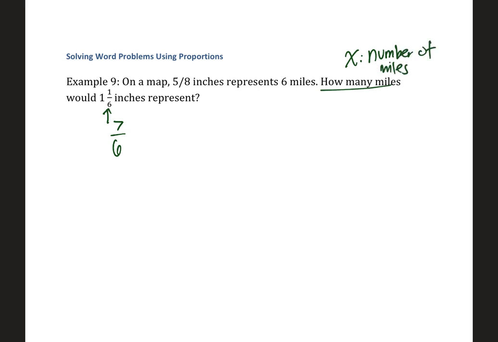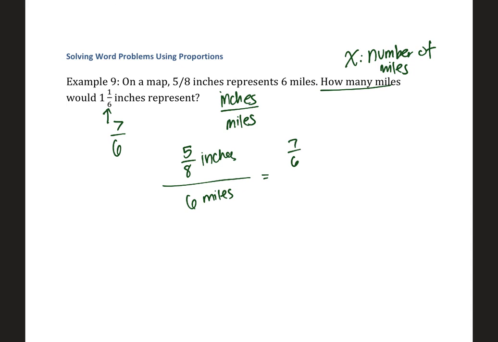Okay, so now we set up our proportion. On a map, 5/8 of an inch represents 6 miles. So if I make it inches over miles, it'll be 5/8 inches over 6 miles is equal to, now we're looking at 1 1/6 inches, so we have 7/6 inches over x miles.